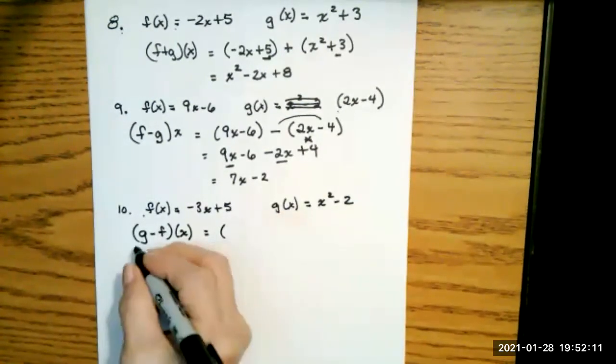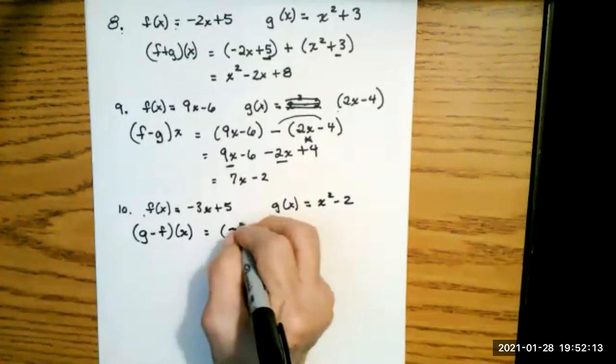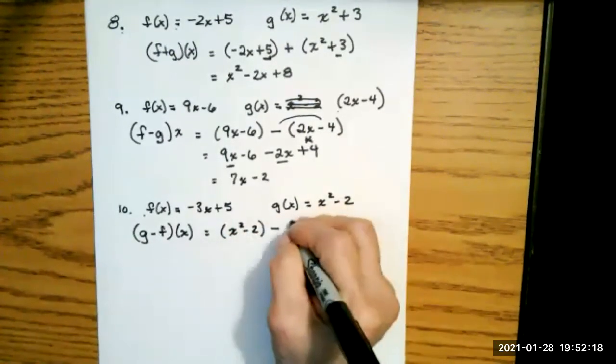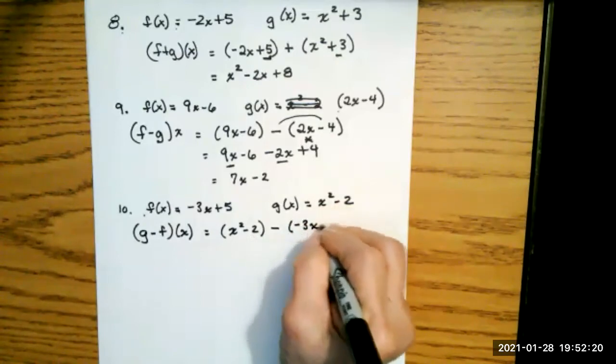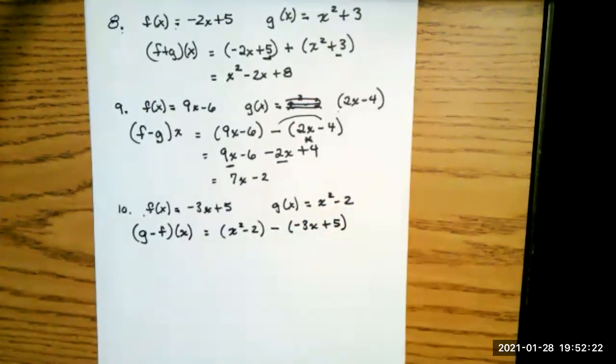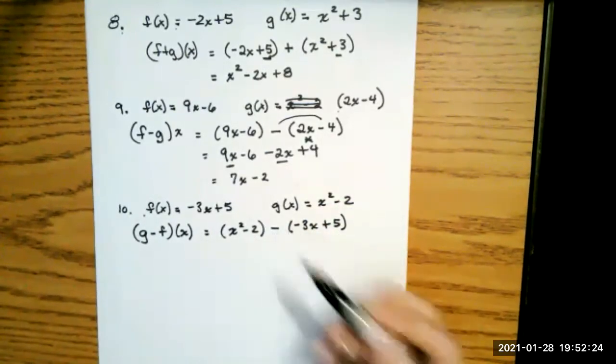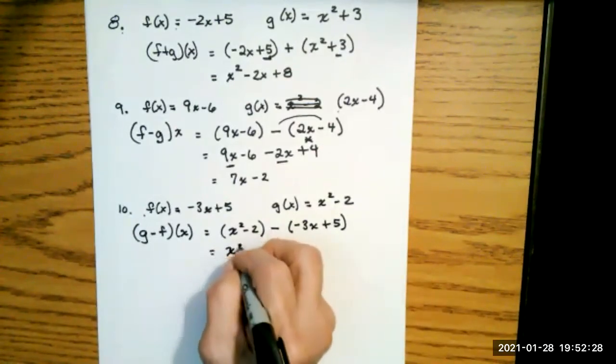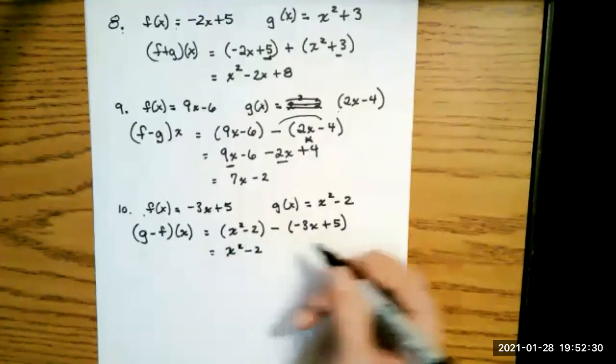So we're going to pick up the g first, x squared minus 2, minus, because we're subtracting, negative 3x plus 5. Now I have to be careful on this, these two negatives there. So that's going to be x squared minus 2. This one doesn't change.